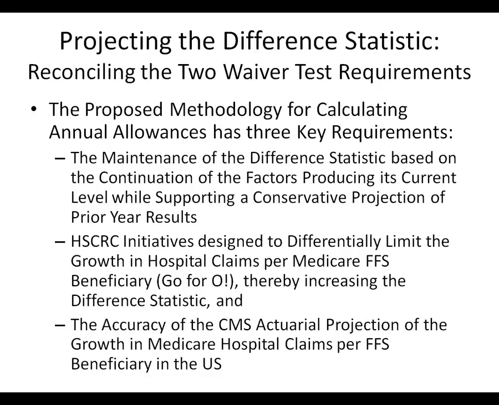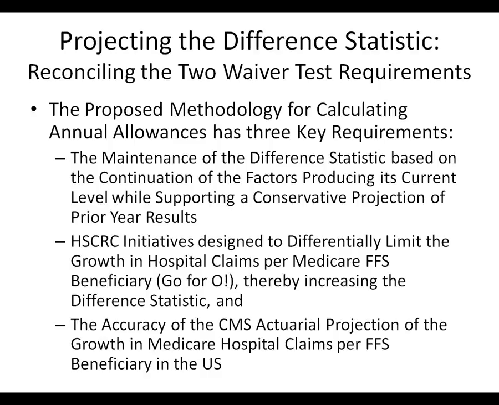Secondly, we need to have initiatives that are designed to maintain the level of the difference statistic. As I suggested, the staff has already developed some programs that would work to that end, and their suggestion embodied in the policy of Go for Zero would be a very welcome policy for those purposes. And then the third requirement is the accuracy of the CMS actuarial projections.